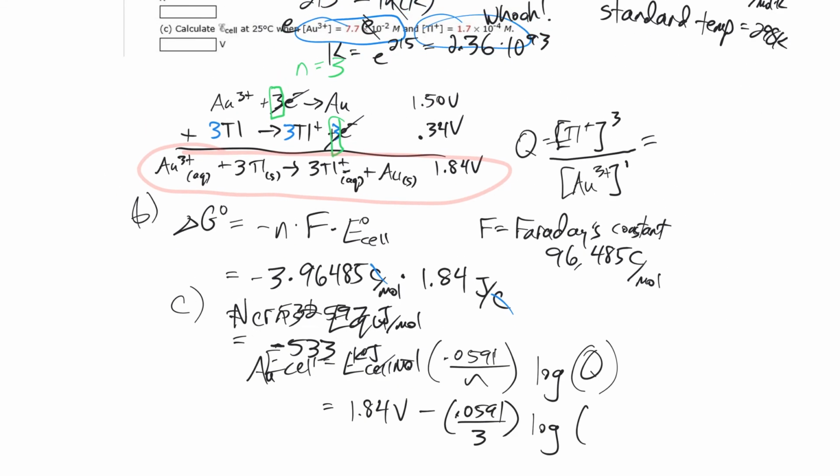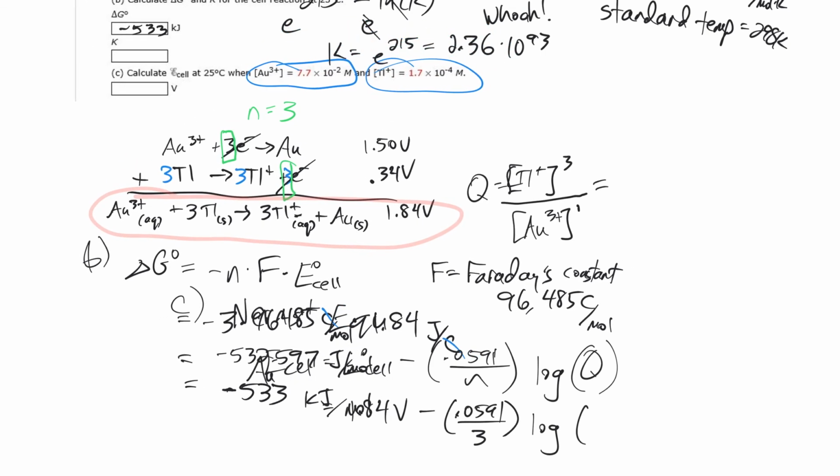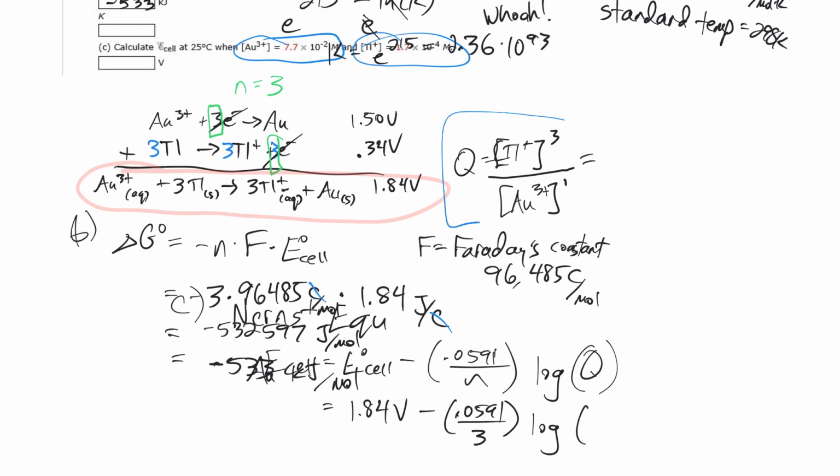So if I'm trying to find Q with that information, I'm going to plug in 1.7 times 10 to the negative fourth, and I've got to cube that, over 7.7 times 10 to the negative second, and that's all to the first power. Crunch that number on your calculator, and you'll get, in my case, 8.3 times 10 to the negative 10th. So that's my value of Q.